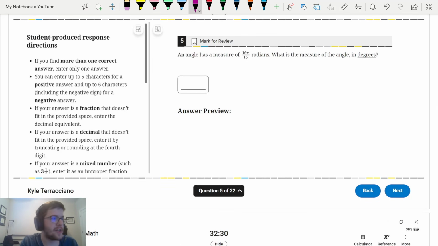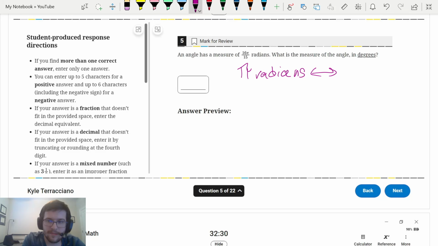Okay, so this is something you got to know. So this is also a unit conversion, but they don't give you the conversion factor. So you have to have it memorized. So radians is just another unit for angle measure. Kind of like how we have inches and meters, okay? So pi radians is equivalent to 180 degrees.